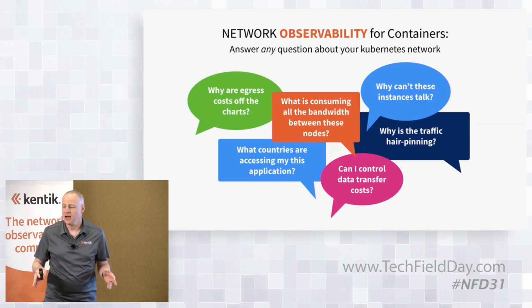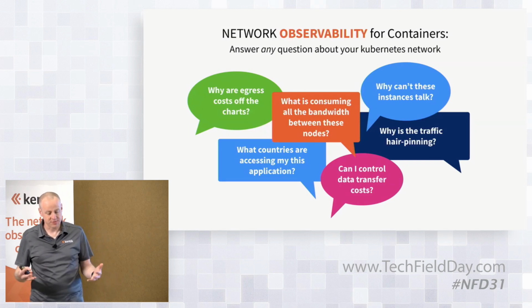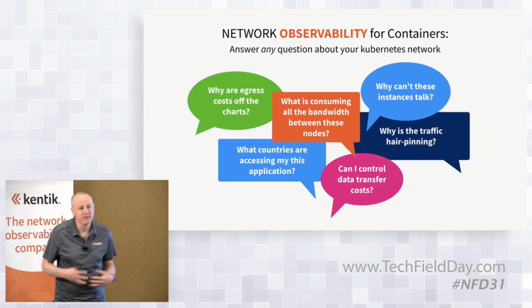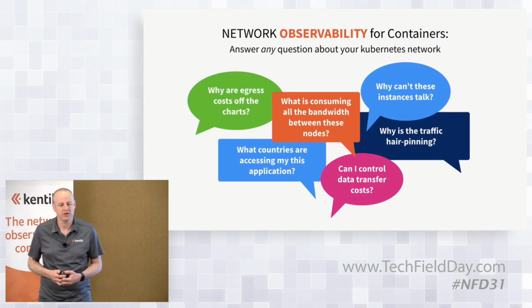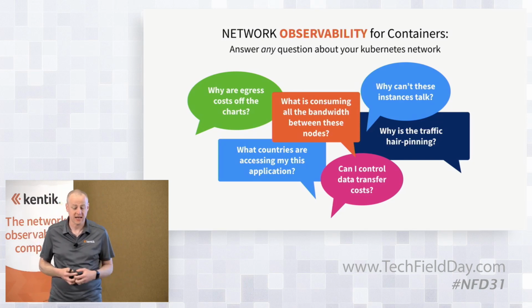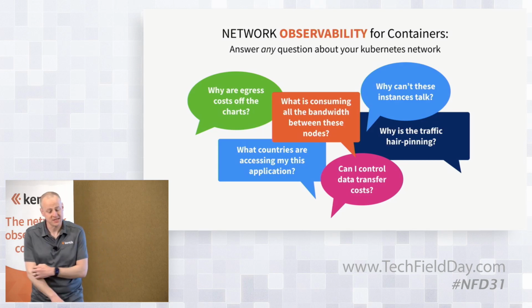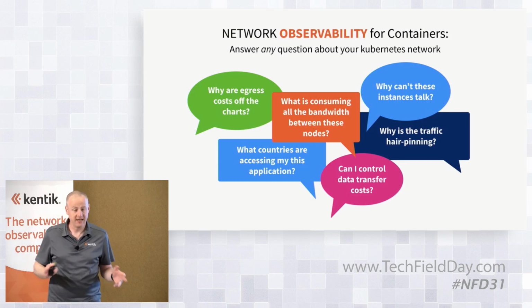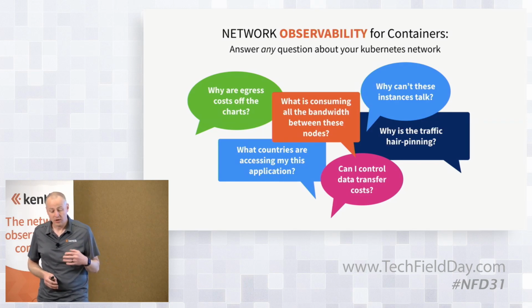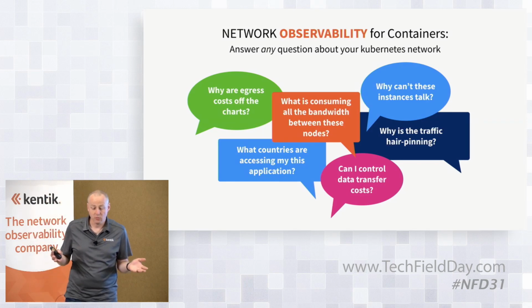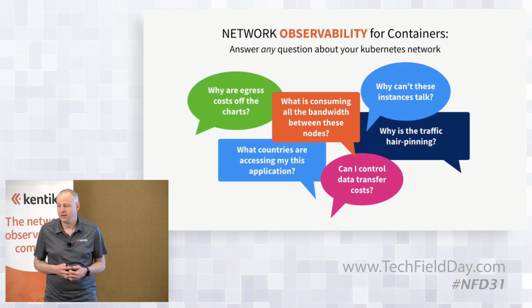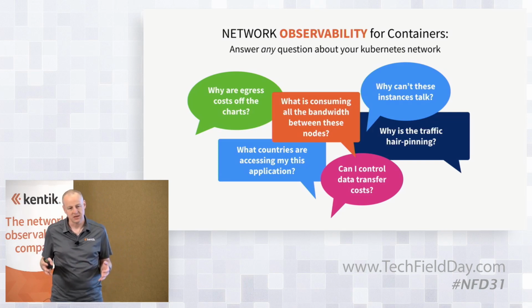The goal of doing that, again, network observability. There was a previous session today where Phil really described what we mean by that. You can go check that out if you want to define the term network observability, but for the sake of this conversation, we're looking to answer questions similar to this. Around container networking, I want to know potentially what is consuming all the bandwidth between these various different nodes.